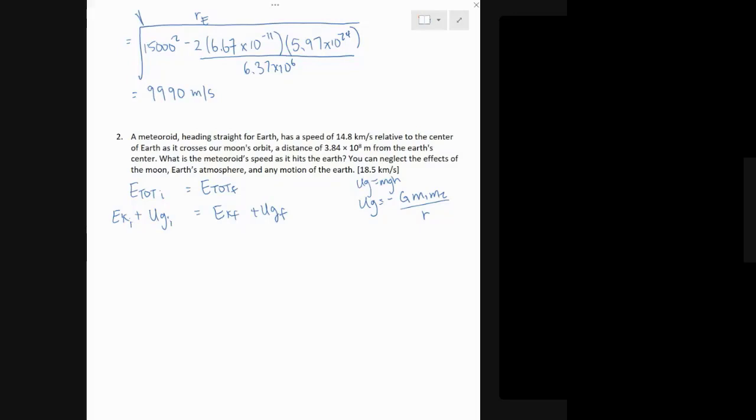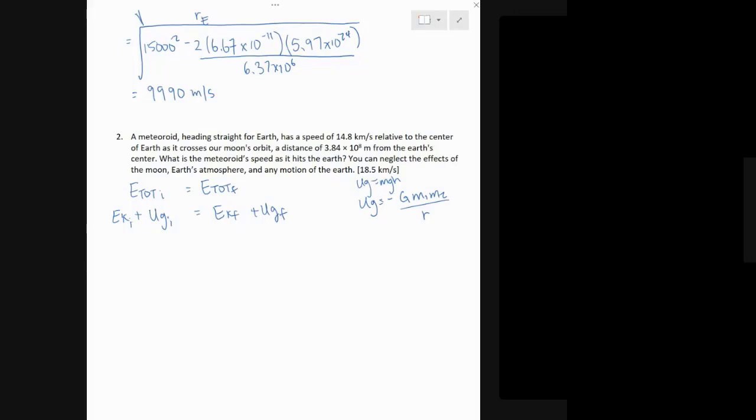You can't interchange them because what matters when you're using the conservation of energy is not the value of UG, it's the difference in UG, so the change. When you do UG final minus UG initial, whether you're using the first equation or the second, you'll get the same value.